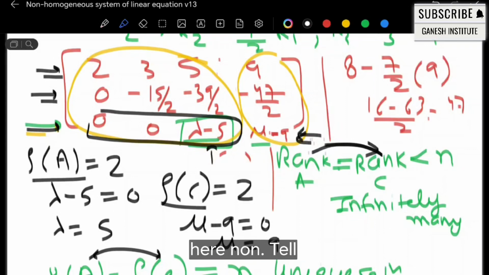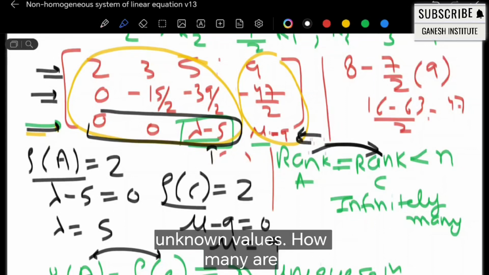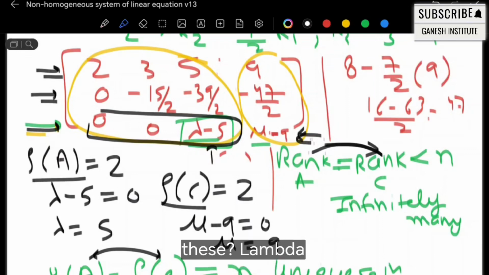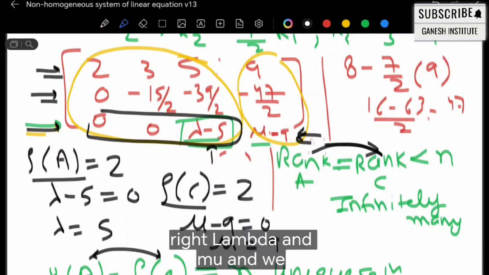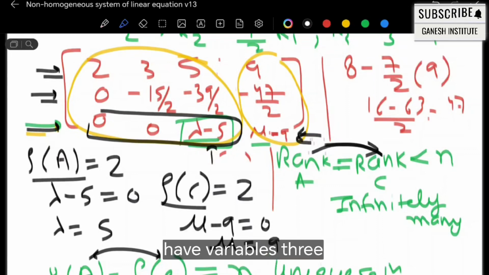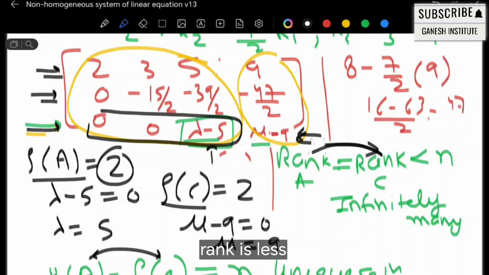So in that case, when rank is equal, tell me the number of unknown values. How many are these? Lambda and mu. Right? Lambda and mu, and we have variables 3. Rank is less than 3.